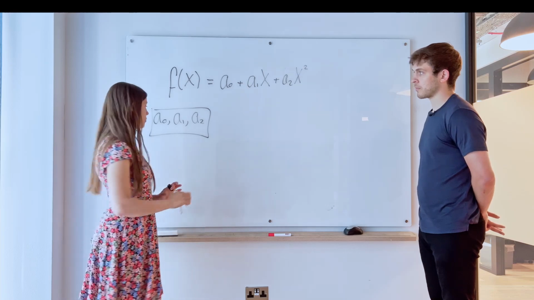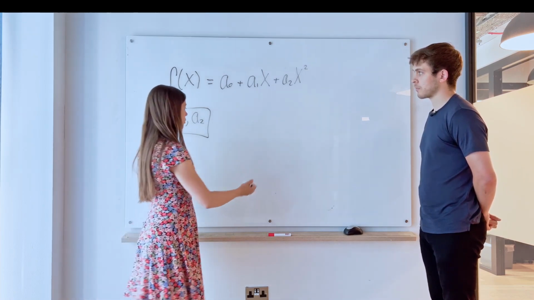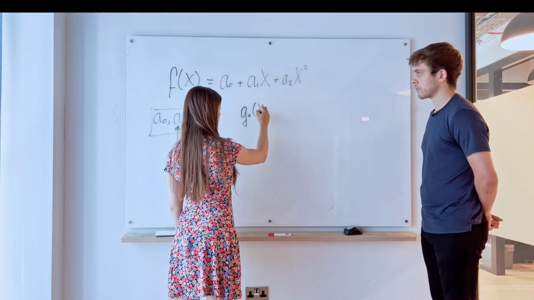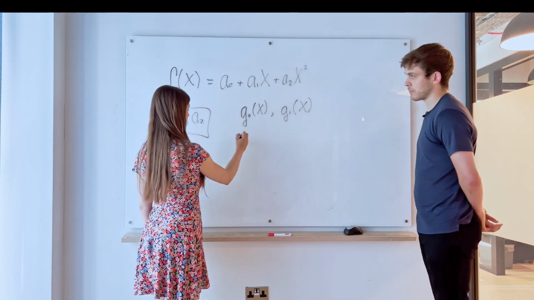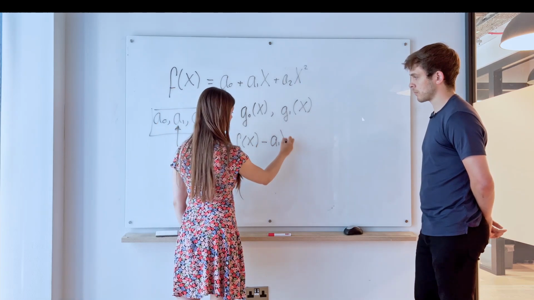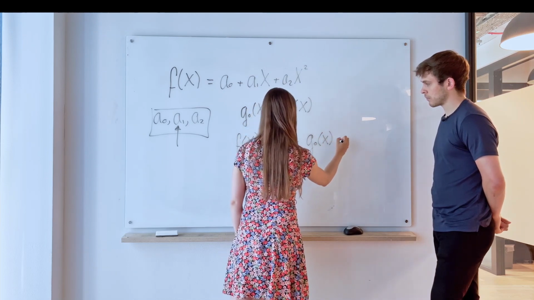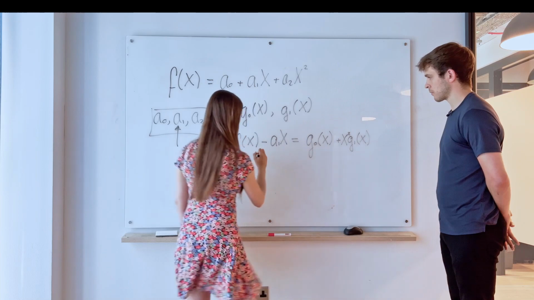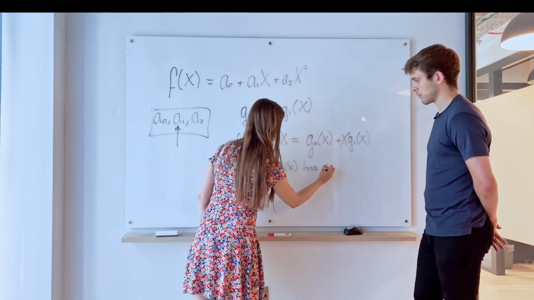So if, for example, you wanted to open a1, the easiest way to do this would be to provide another polynomial, let's say G0 of x and G1 of x, and then you would want to prove that f of x minus a1 x is equal to G0 of x plus G1 of x times x squared, and that G0 of x has maximum degree 0.